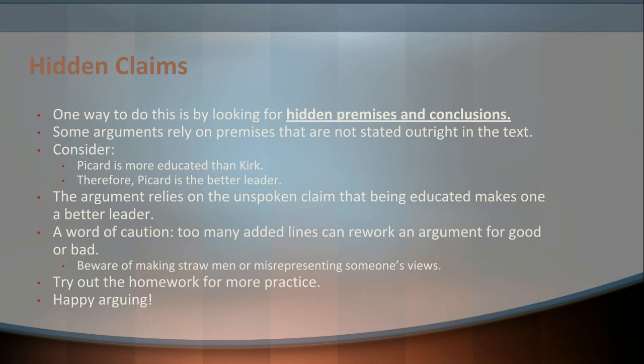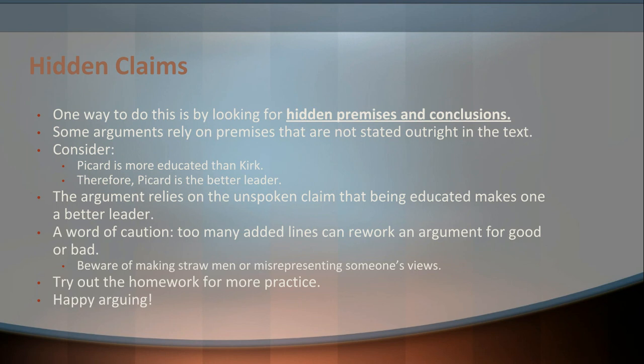Picard is more educated than Kirk. Having more education means that one is a better leader. Therefore, Picard is the better leader. Now, this may still end up being a bad argument. Our substitute for the unspoken or hidden claim isn't necessarily a solution in all situations.